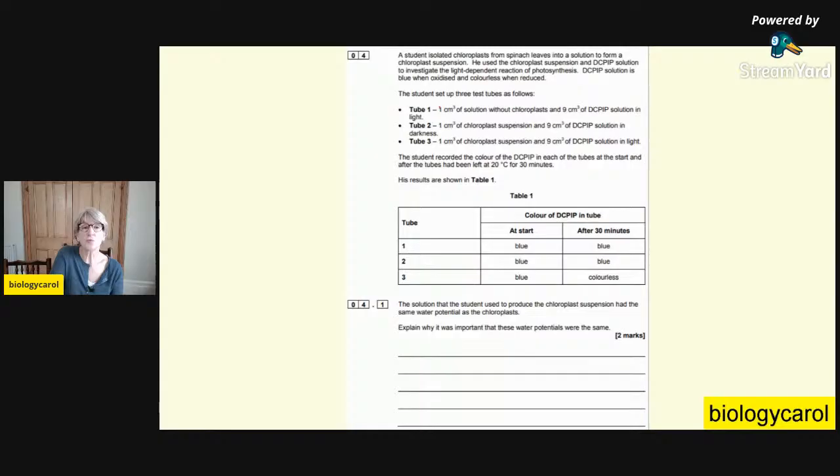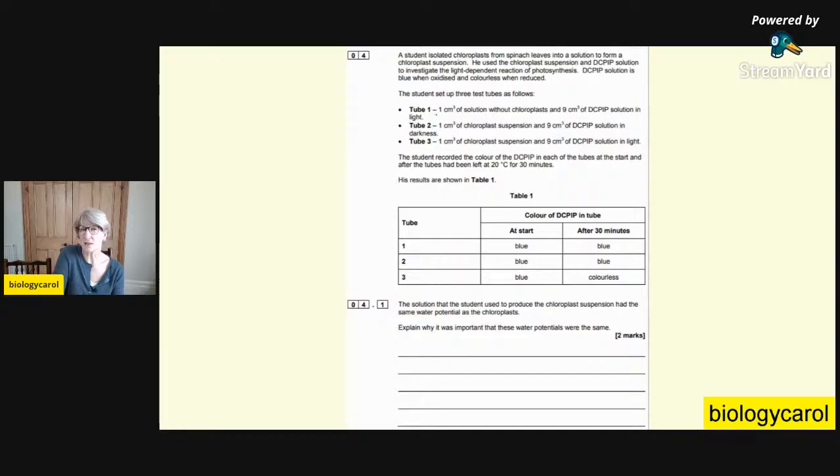He set up a tube with 1 centimeter cubed of solution without chloroplasts, so just the buffer that the chloroplasts were held in, and 9 centimeters cubed of DCPIP solution in the light. No chloroplasts, DCPIP. Tube 2, chloroplasts and DCPIP, but in the darkness.